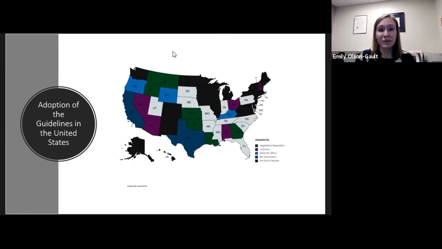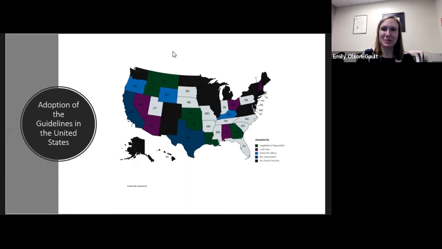Texas, I believe, is probably world famous for its use of the death penalty. It used to be the highest use death penalty state in the United States. And the Texas State Bar adopted a set of guidelines that it called the Texas Guidelines for the appointment and performance of counsel in death penalty cases. And it is word for word the ABA guidelines.